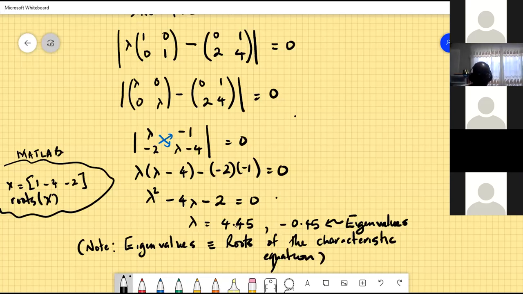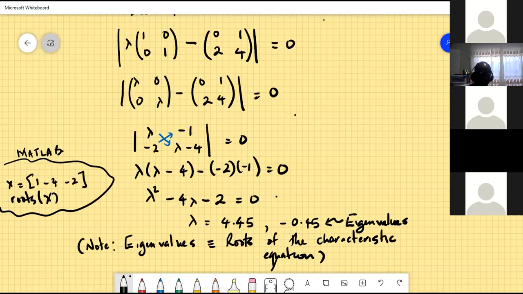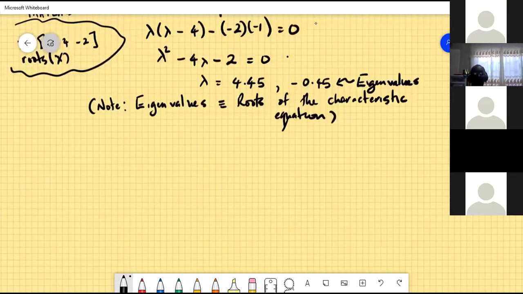All right. So now, second thing, find the eigenvectors.